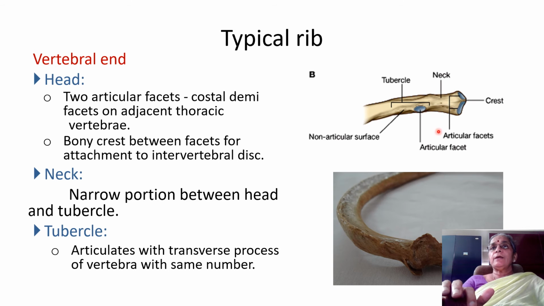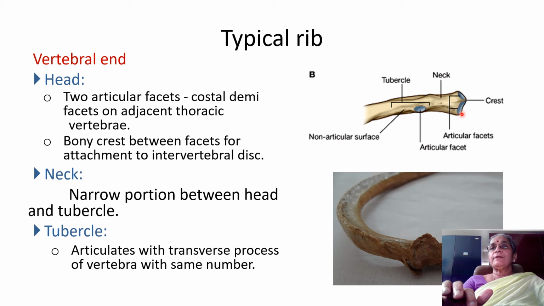And the neck is the narrow part between the head and tubercle. The tubercle shows an articular part and a non-articular part. The articular part has a facet which articulates with the transverse process of the vertebra with the same number. So the inferior facet on the head and the facet on the tubercle articulate with the numerically corresponding vertebra.